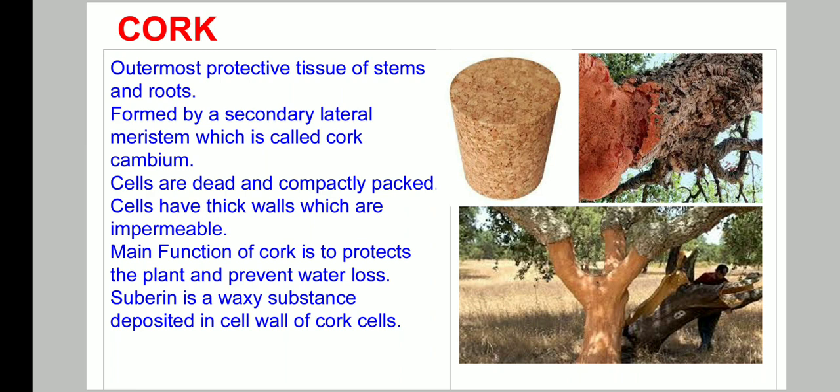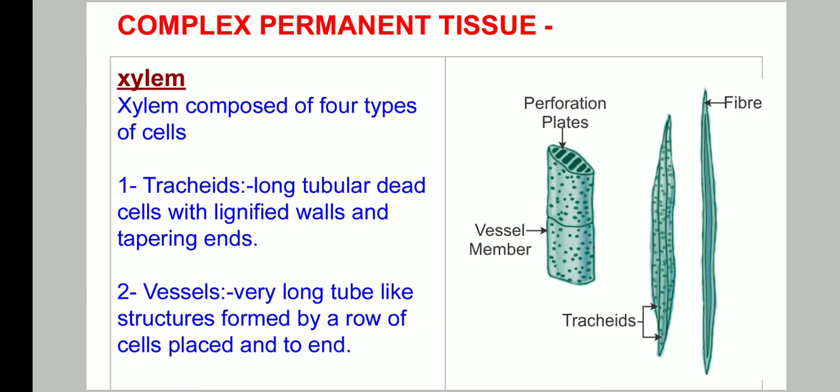And one more thing is that suberin is present in the cell wall of cork cells. That is a waxy substance which is deposited in the cell wall of cork cells.